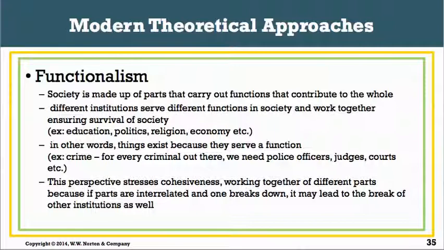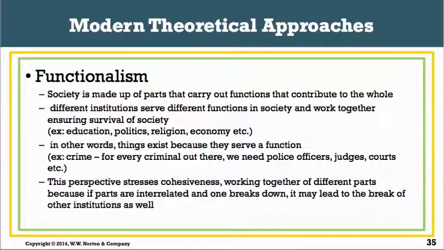So different institutions serve different functions in society and work together, ensuring survival of society. So for example, education, politics, religion, and economy, those are all institutions that are present in our society, and all of them are in some way involved in the workings of society. In other words, things exist because they serve a function.